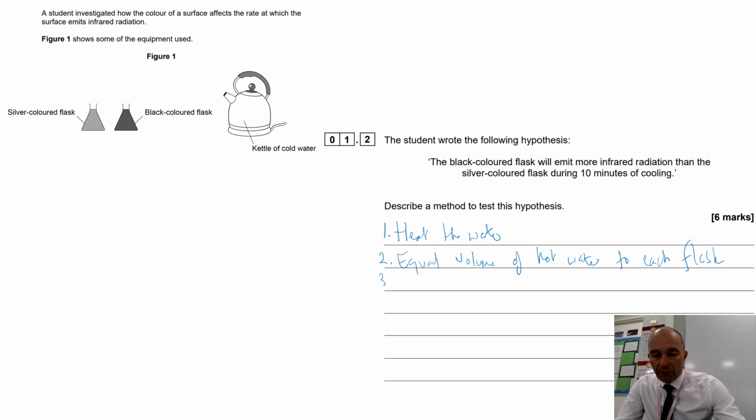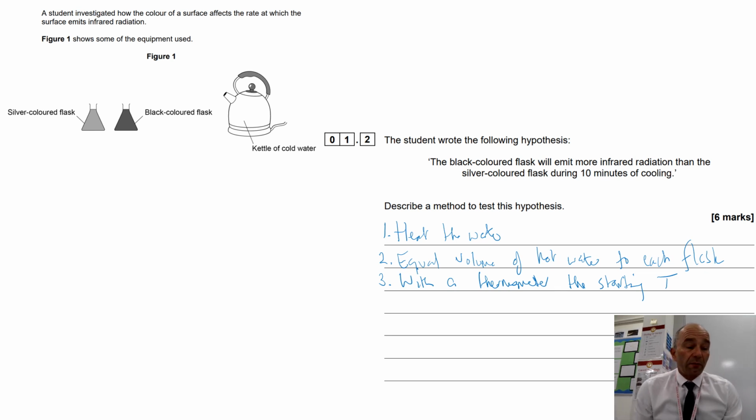We need to place our thermometer into each flask. So with a thermometer, measure the starting temperature. Now, ideally, we need that starting temperature to be the same, because it makes it the fairest test possible.